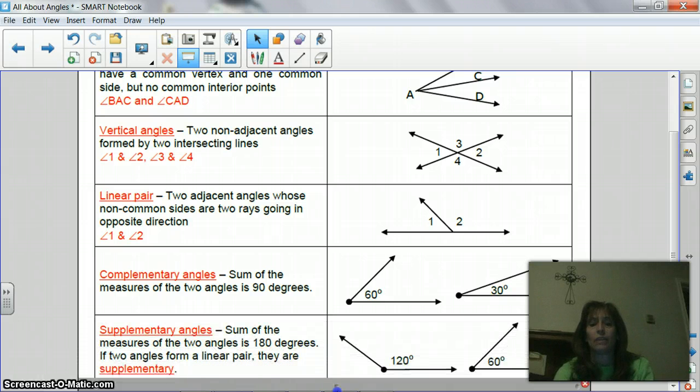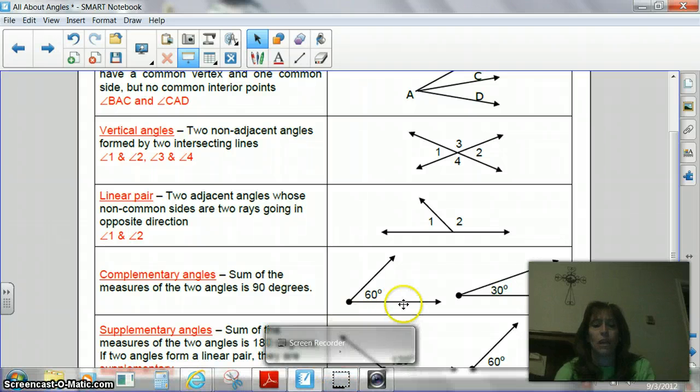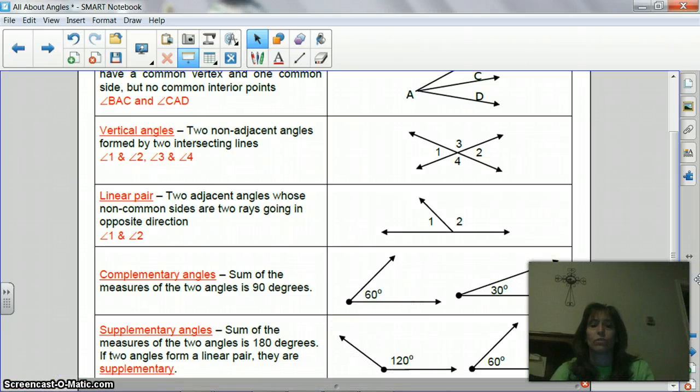And then the last one is supplementary angles. Supplementary angles are very similar to a linear pair. They're two angles whose sum adds up to 180 degrees. Now, it could be two angles or it could be 200 angles, but together, all of them, their sum has to add up to 180 degrees.